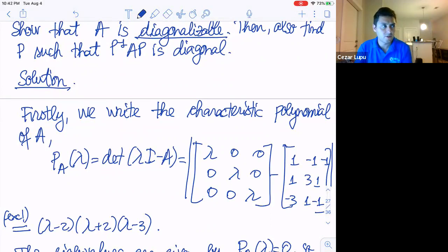You can write the determinant of A minus lambda I, and take a minus outside of the determinant. Anyway, it doesn't really matter that much.